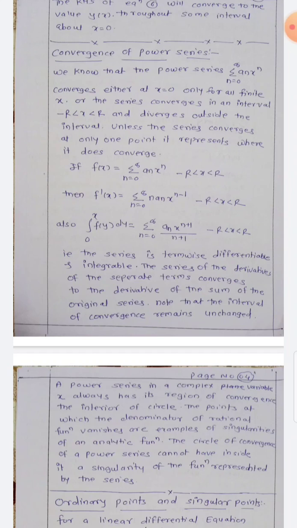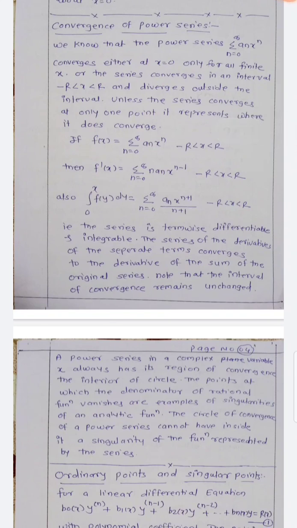Now we know that the power series summation n equals 0 to infinity a_n x raised to n converges either at x equal to 0 only, or for all finite x, or the series converges in an interval minus r less than x less than r and diverges outside the interval.